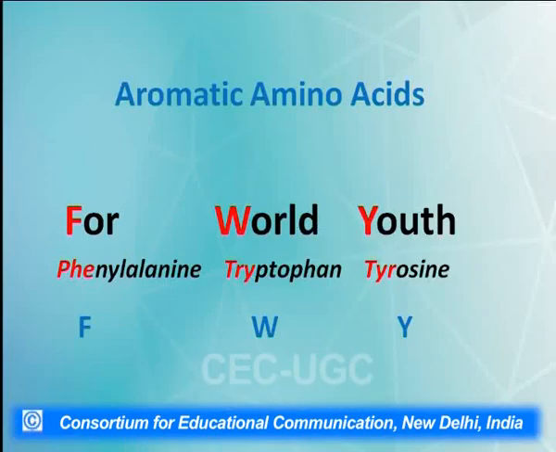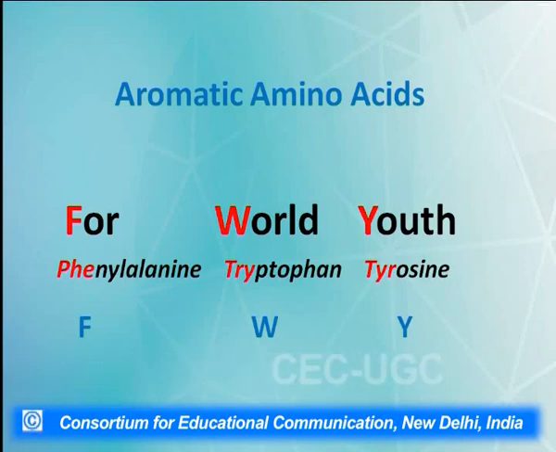Now if we go on to aromatic amino acids, then you know that the world is for the youth. So what I have done is, I have written this sentence, "For World Youth." In this case, I have not taken the 3-letter abbreviation for indicating the amino acids.